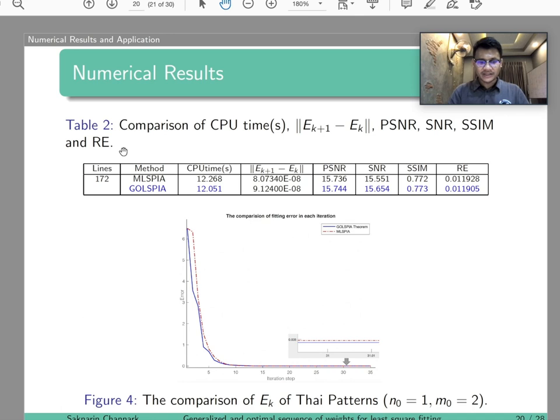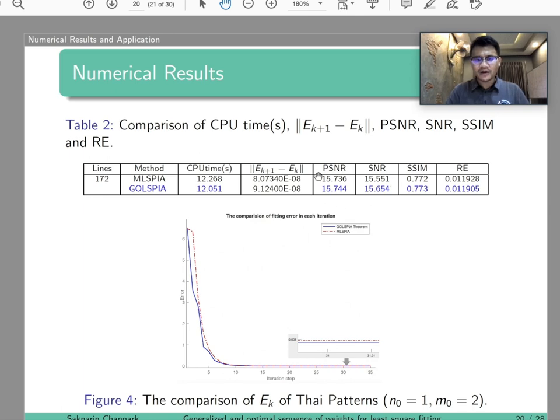From this figure, the type pattern has 172 lines. For the CPU time, GOLSPAA uses smaller CPU time than MLSPAA, and for this column, the value is very small. And for the quality of the image, we start with PSNR and SNR.